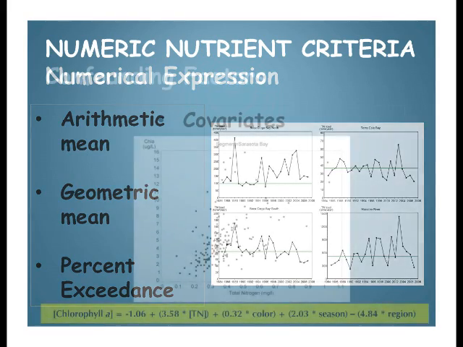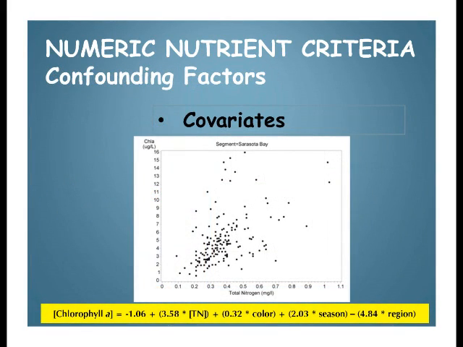There are always confounding factors associated with these regressions, one of which is an example from our bay, Sarasota Bay. The largest bay segment for us is Big Sarasota Bay, and we found that there were some seasonal differences in this linear relationship between chlorophyll and nitrogen concentration, so we had some covariates in there to better express the relationship and reduce the variability in that relationship.